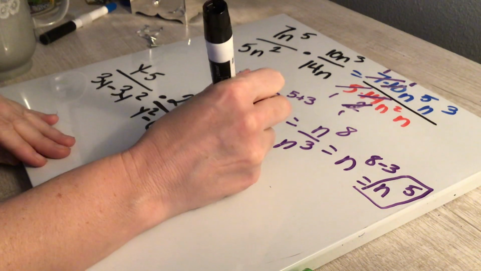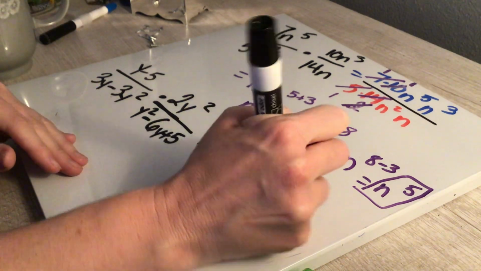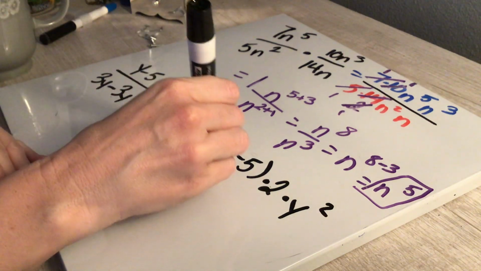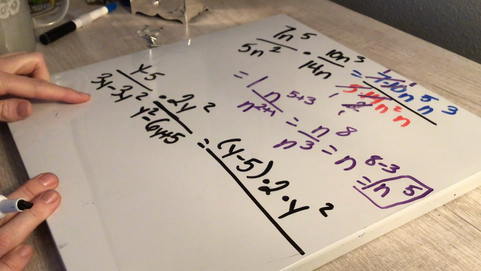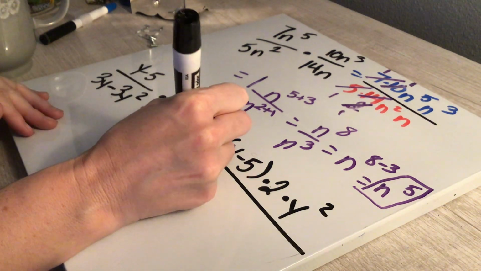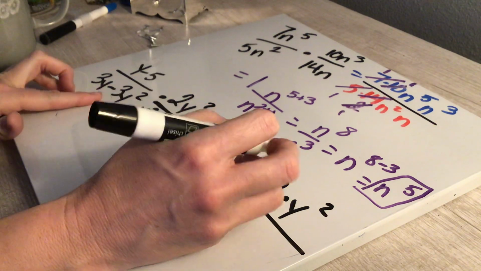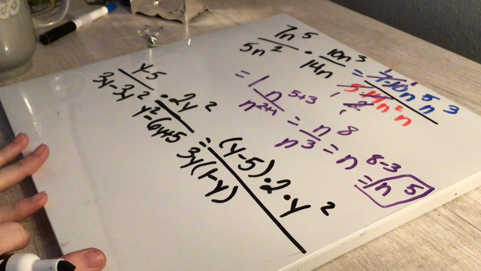So y minus 5 we can't simplify. That's y minus 5 times 2 times y squared. We're just multiplying across, okay? Then here, 3y minus 3y squared, I'm going to factor out 3y, and then that would be 1 minus y, and then y squared minus 6y plus 5 can factor.